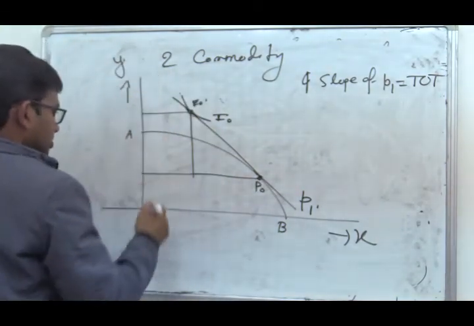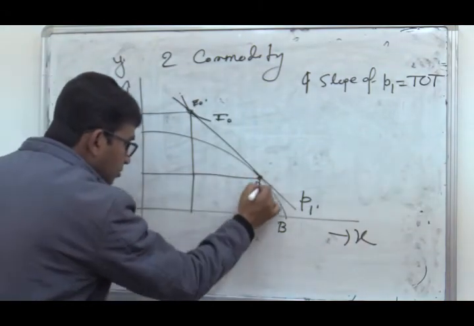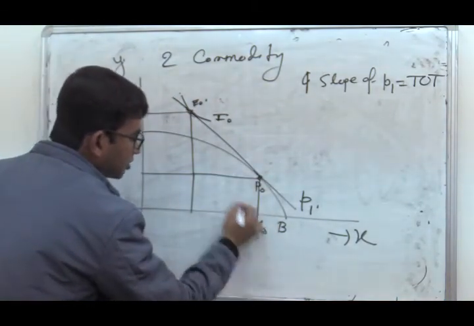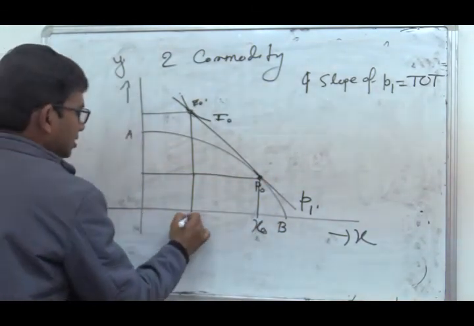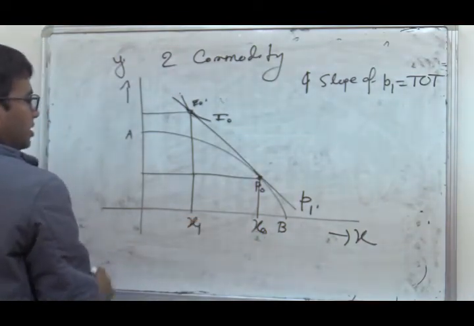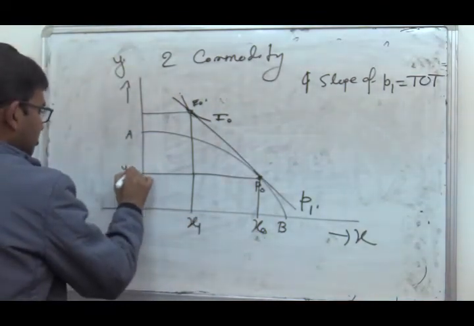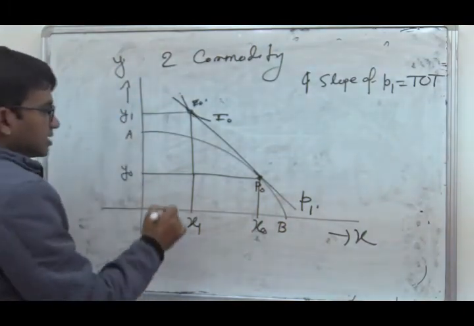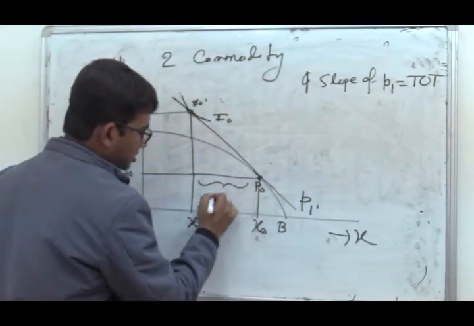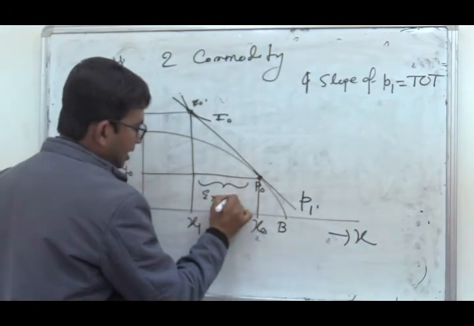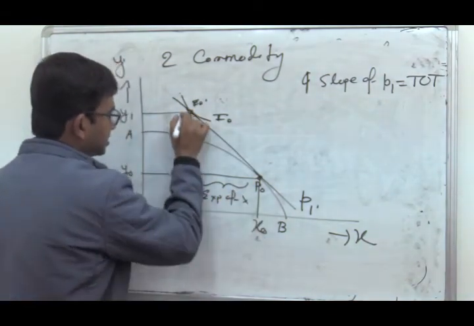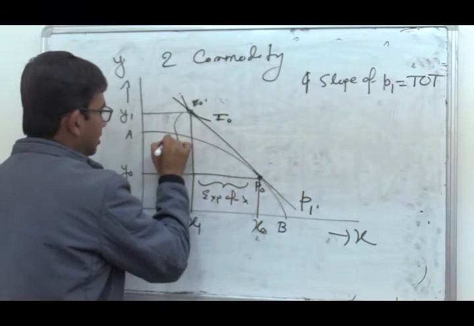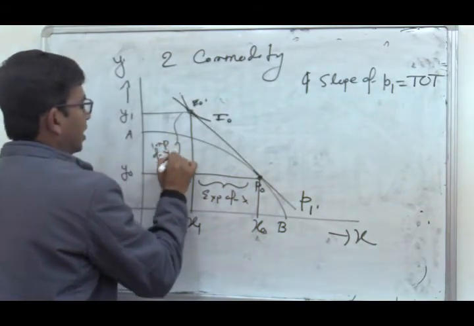In this situation, the country produces OX0 units of X and consumes OX1 units of X, but produces Y0 units of Y and consumes Y1 units of Y. So we can say at this time this is the export of X and this is the import of Y.